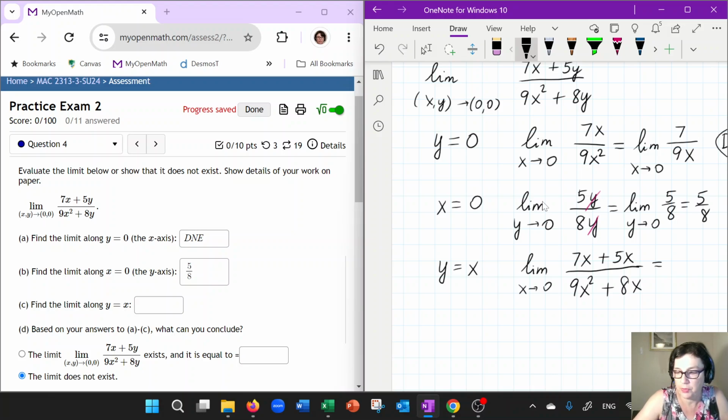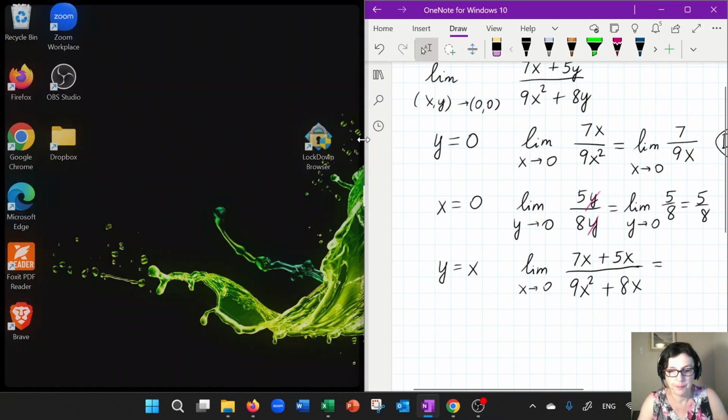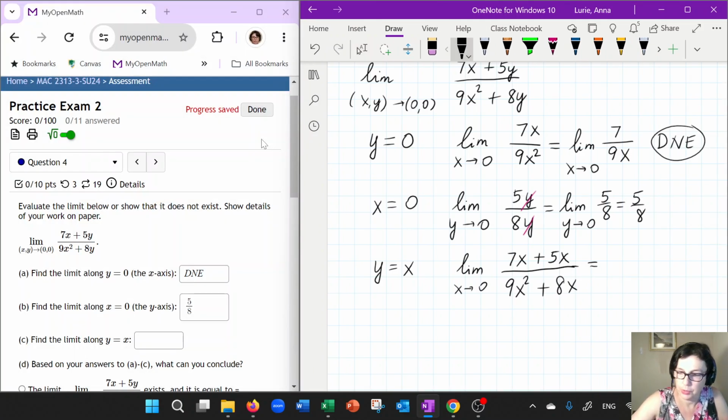Okay, a little bit of simplification here. On the top, I can combine the terms: 7x plus 5x is 12x. On the bottom, I still have 9x squared plus 8x, and I cannot combine the x squared and x terms because they're not like terms.